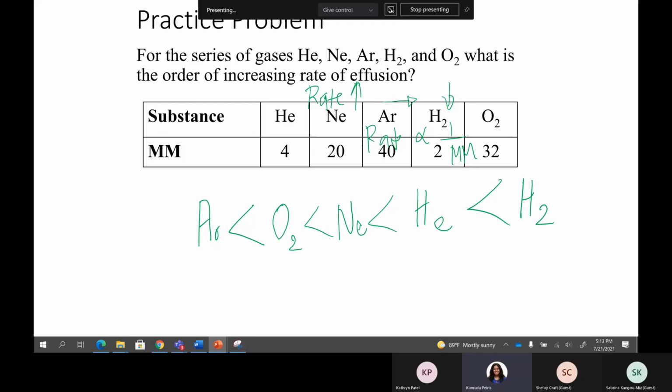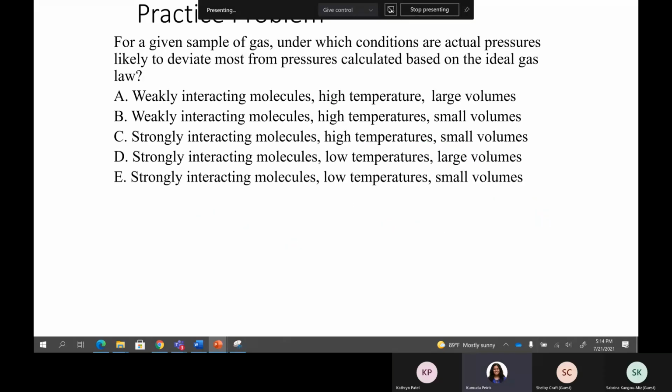Because argon is the heaviest one, it will have the slowest rate of effusion. I think this is the end of this one.